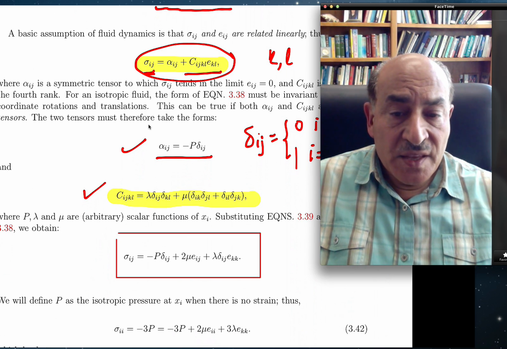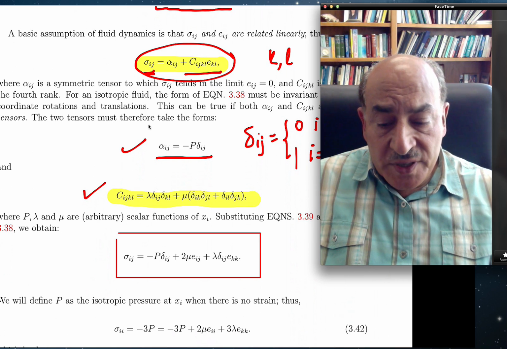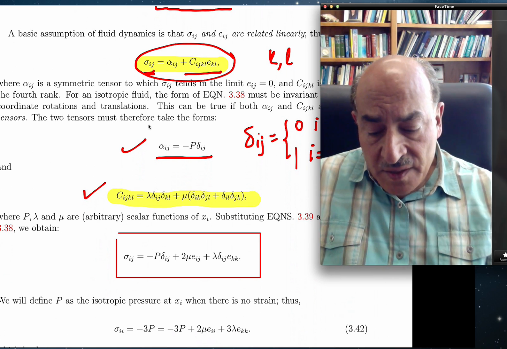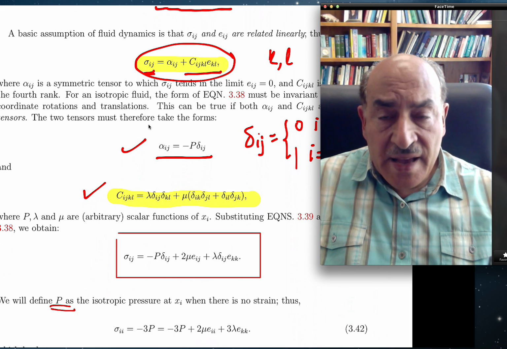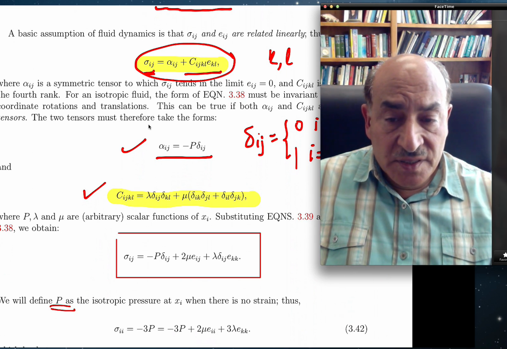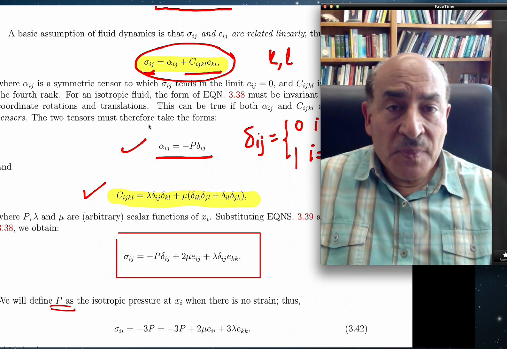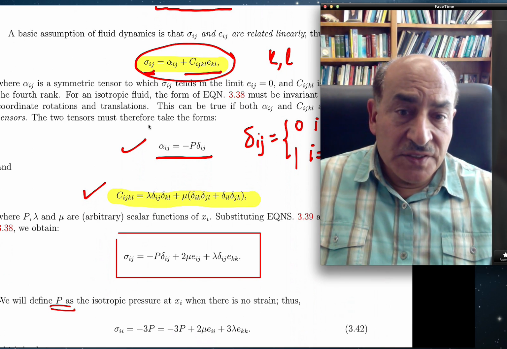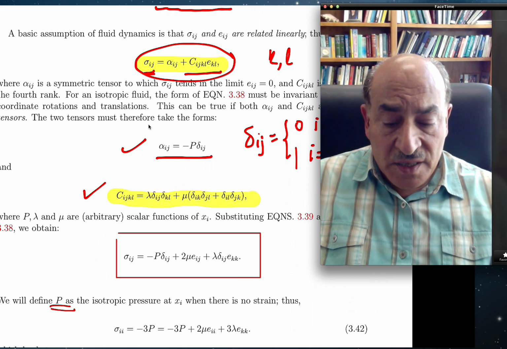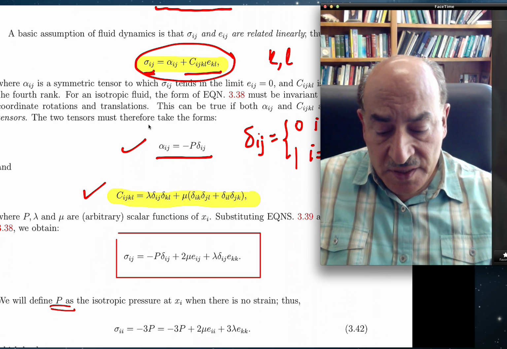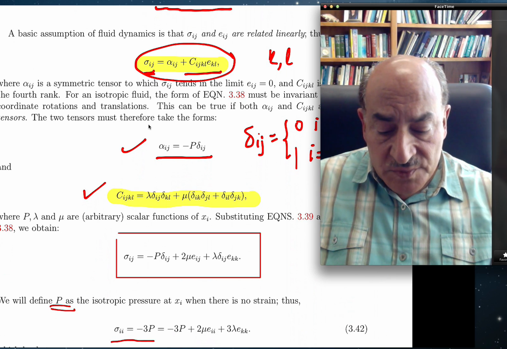In solids we call them Lamé's constants, but here they are just constants in the problem that we will define in a minute. So if we now define p as the isotropic pressure, and the pressure is 1/3 of the trace of the stress tensor, negative of course because it's a compression by sign convention, then sigma ii equals minus 3p.